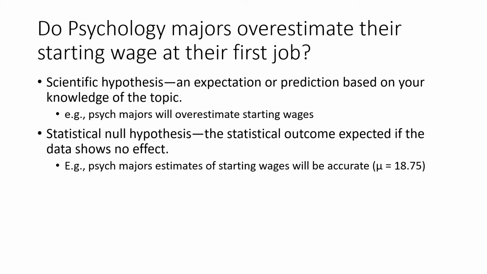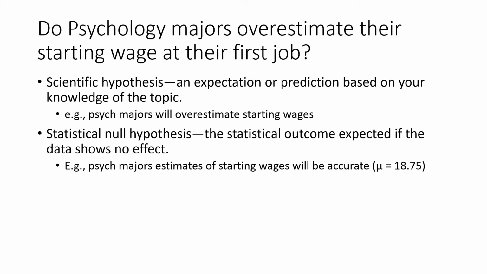The statistical null hypothesis is the outcome that you expect if there is no effect in the data. In this case, if psychology majors aren't overestimating, what kind of statistical result would you expect? So specifically, the null hypothesis would be that psych majors' estimates of their starting wages are actually accurate. They aren't overly optimistic. They don't overestimate. They are accurate.